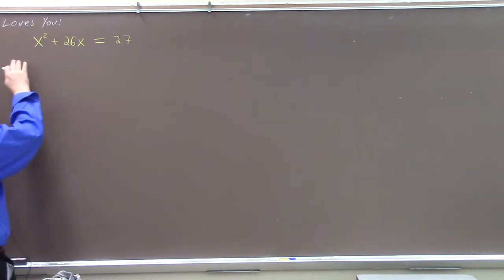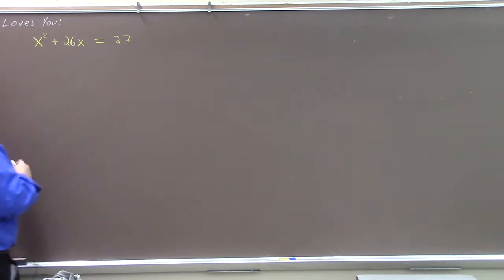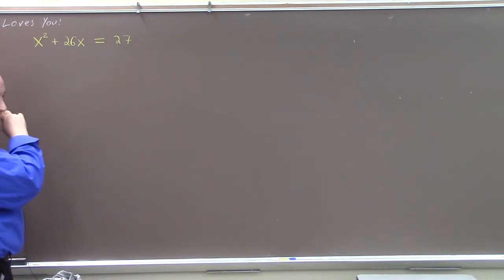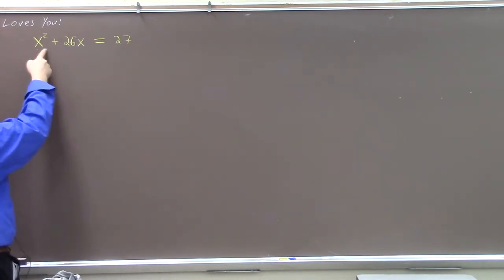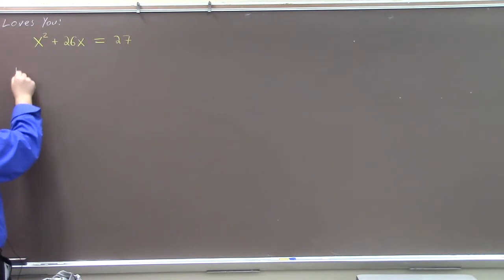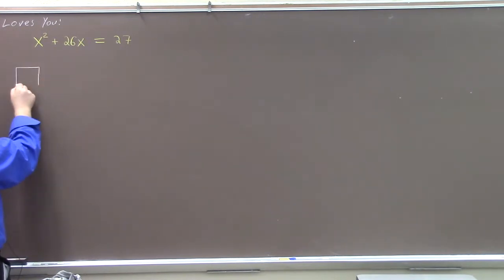So people back in the 1400s, 1500s, mathematicians back in those days, when they looked at an equation like this, they would think about it geometrically. So you could make a little box, right?